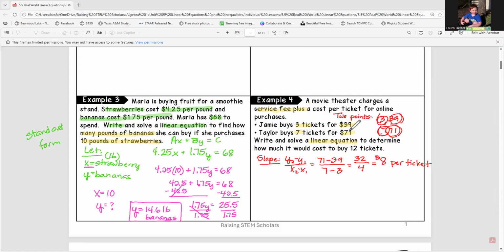Now, because we have 2 points, let me see if I can clean this up a little bit. No, it's not going to let me clean this up. I'm going to have to erase it. Since we have 2 points, we now have our slope. We can use point slope.